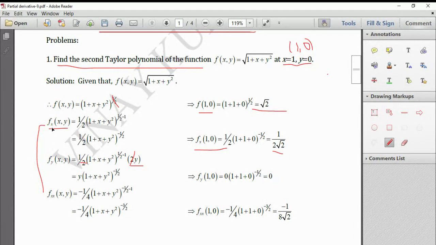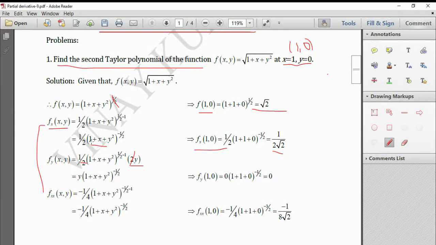So if you differentiate this with respect to x, now half is constant, half will remain. Now minus, see again it is of the form x to the power of n, right? Because this contains x. Minus half into half, minus 1 by 4 into (1 plus x plus y square) whole to the power of minus half minus 1. Now leave the power.